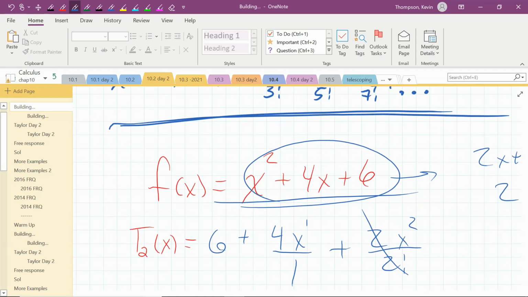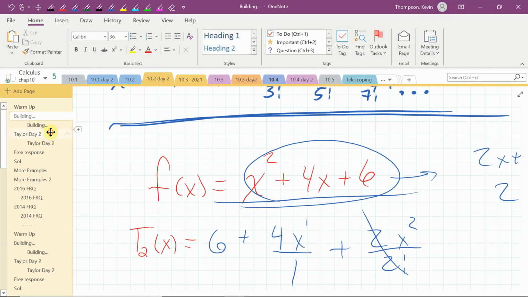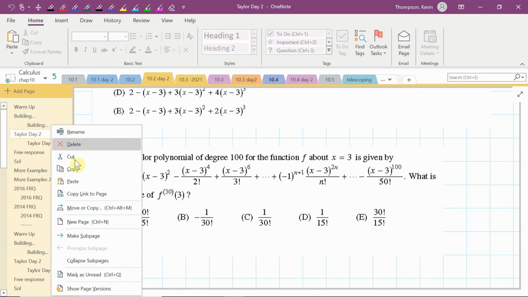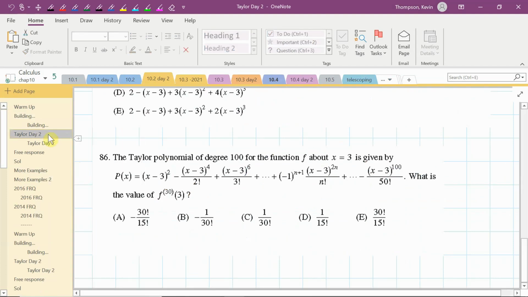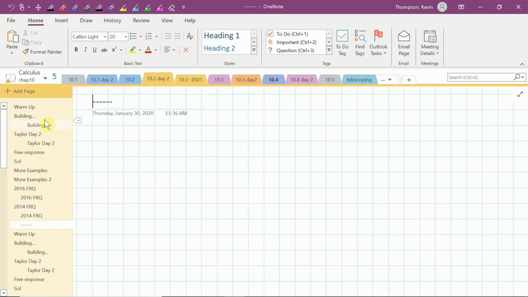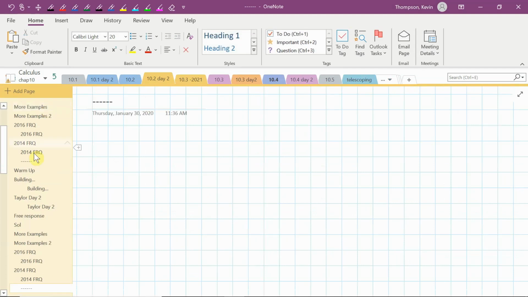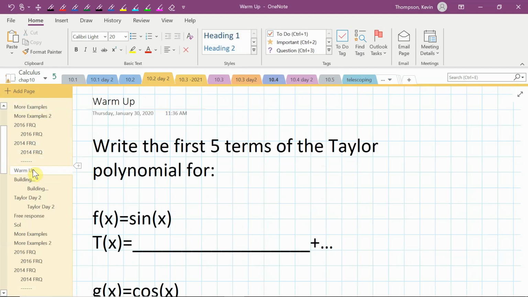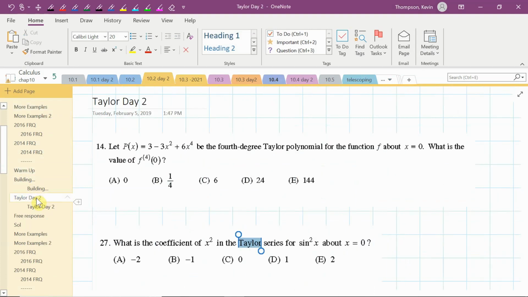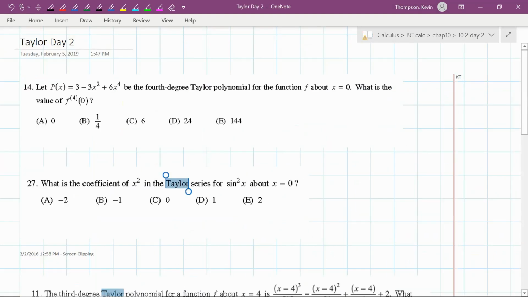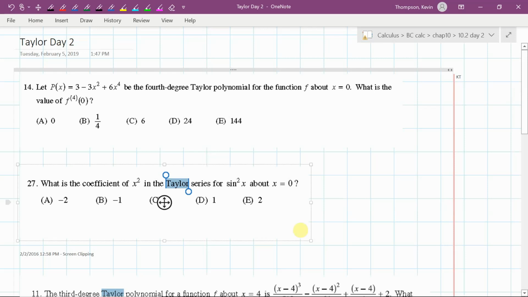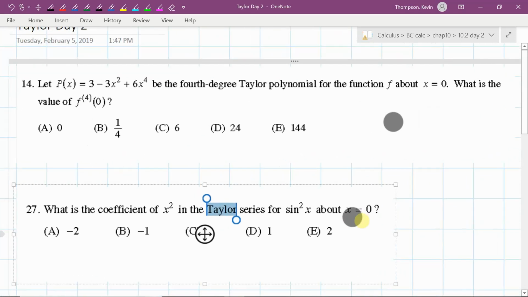All right. Let's see. What I have here, I should copy this before I draw all over my static notes. I want to have several other examples of what we might see from AP tests centered around Taylor polynomials.